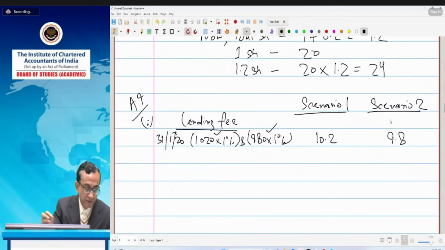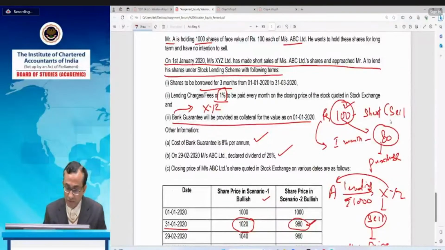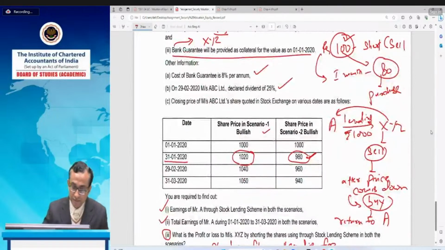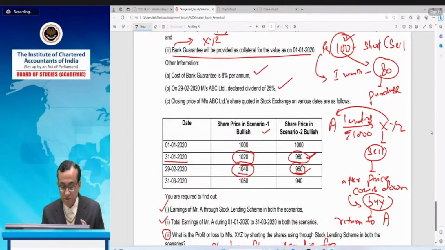Again, calculate it for 29/2/2020. Let us see the question. On 29th February 2020, this is the share price, 1040. So the lending fee, 1%, will be calculated on 1040 in scenario 1. And on 29th February 2020, the lending fee in case of scenario 2 will be calculated on this 960, at 1%.